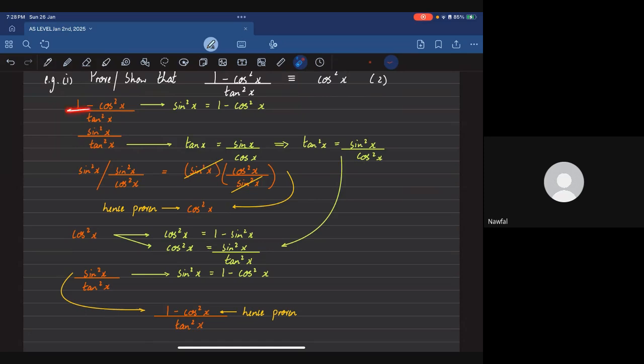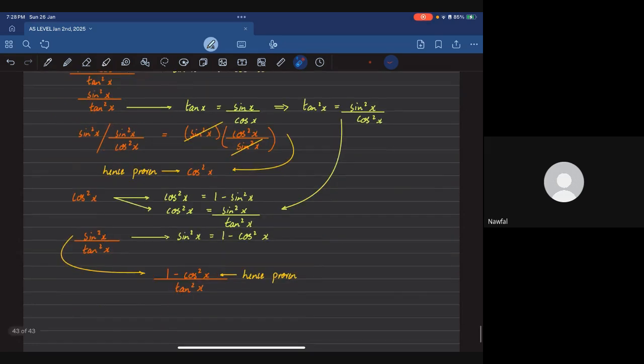Because the shape of your identities was already something that you were accustomed to. If you look into your 1 minus cos square x, that can simply be written as sine square x. So you converted it. And tan square x. So the identity usage was very straightforward. The shape was extremely straightforward.